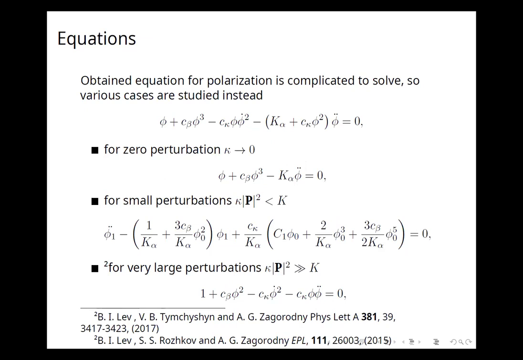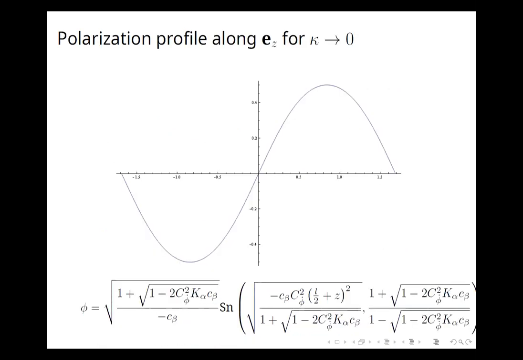We considered 3 cases. It's like kappa 0, where we have no perturbations. Small perturbations was considered as a perturbation theory, and when we have large perturbations that can correspond to some interesting situation with bacteria splitting, we have the last equation, and here we present some typical profile that can be seen as a solution of these equations.